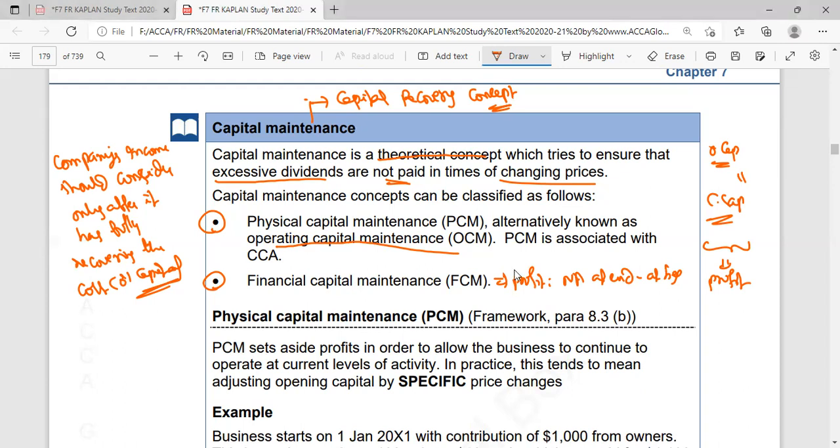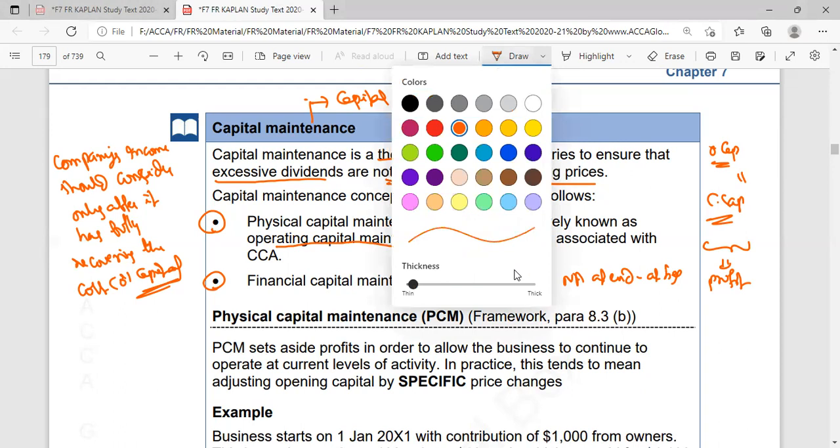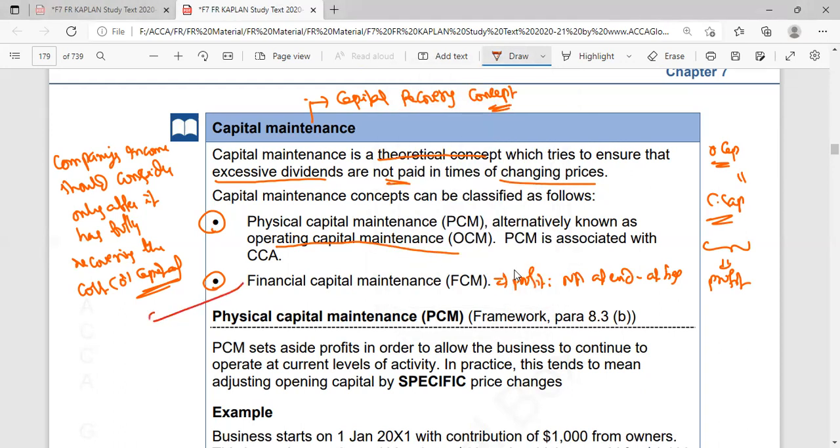So in this case, we calculate in two ways. While calculating the net assets at the beginning and at the end of the period, we follow two ways.